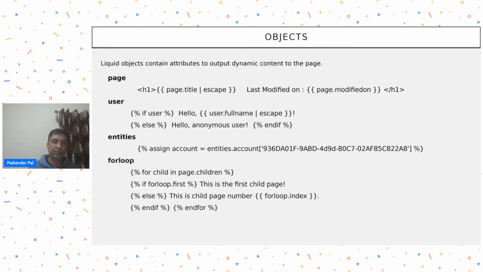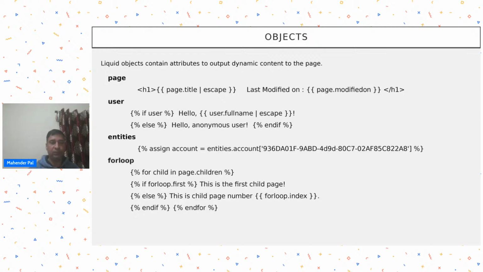So for example, like this page title, and then we want to print when this page was modified. The next one is user. User is also very commonly used on Power Pages. If somebody is logged in, this object has that information.